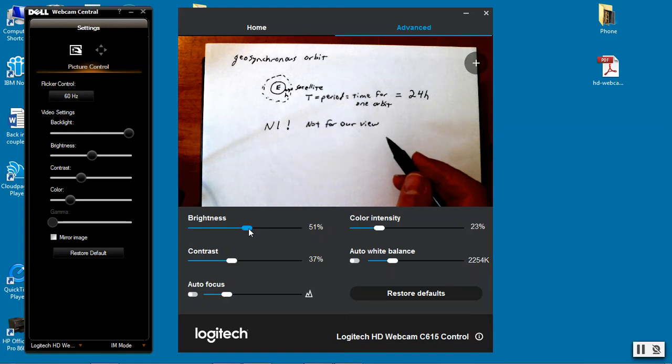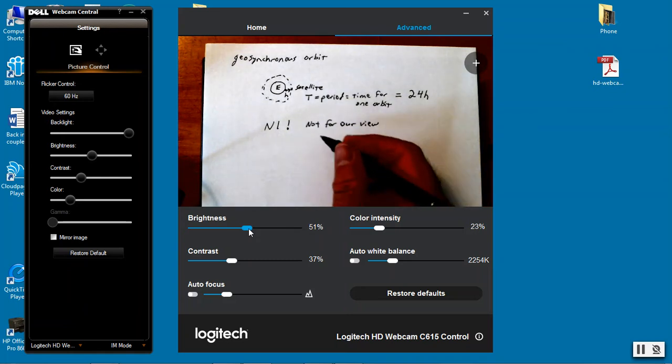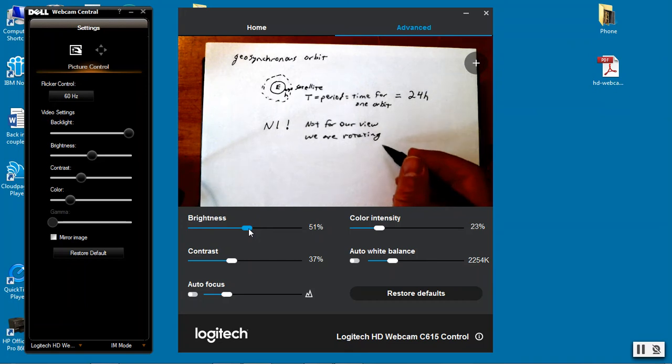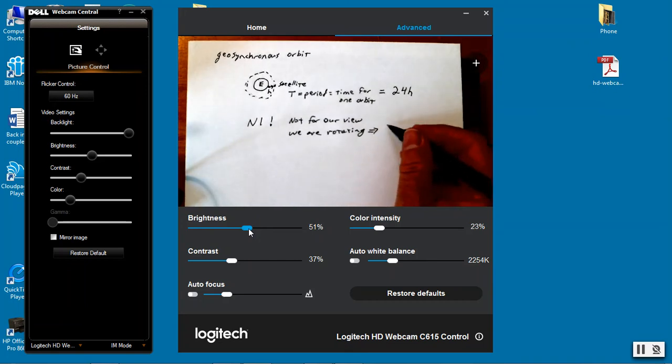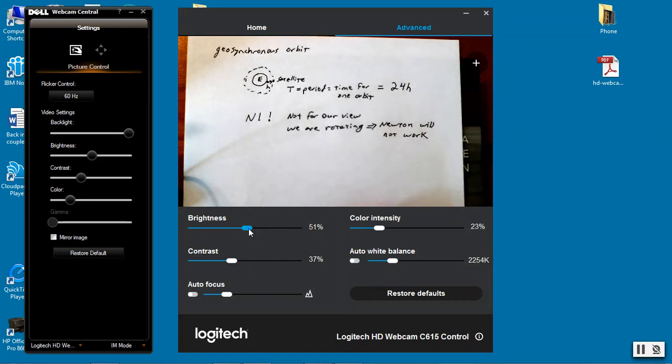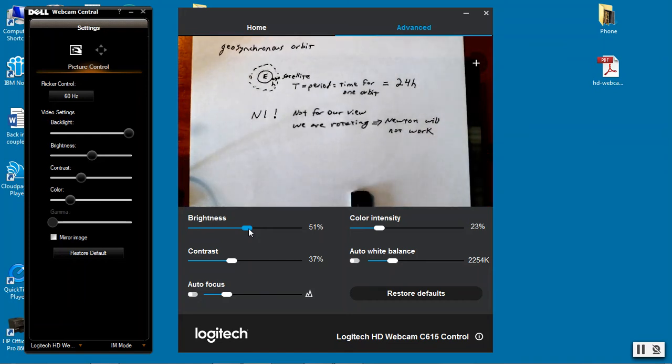That does not mean there is some mysterious force holding it up in the sky. It means that we are in a point of view where we ourselves are rotating. And if you are in a rotating point of view, then Newton's laws will not work. And in that point of view, to try to apply Newton's laws, you would have to invent some sort of mysterious force that's holding the satellite up.